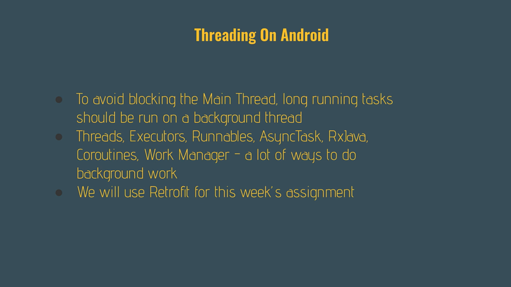We have abstractions like AsyncTask, high-level libraries like RxJava, coroutines, WorkManager. Honestly, we haven't talked about most of these, and I don't want you to worry about most of them. Some of them have their place and are still popular in the world of Android. Others are maybe more deprecated, not used as much. Not important so much for our task right now. I just want to illustrate that there's a lot of ways to go around this because it is a complex problem.